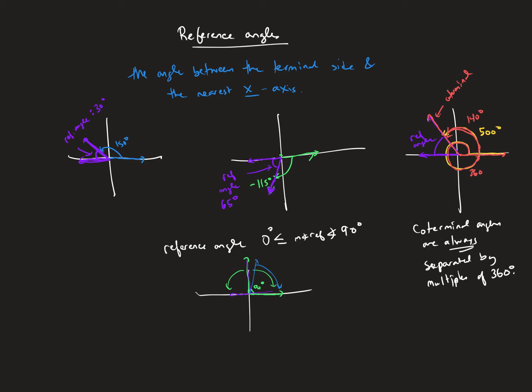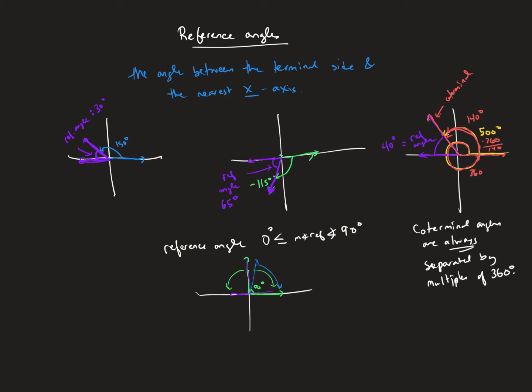So if you add 360 or add 720 or add 1080 or subtract 360 or subtract 720 or subtract 1080 from an angle measure, the angle you get is going to be coterminal. So now that I know this 140, I could have simply said 500 minus 360 gives me 140, and that will be a coterminal angle. Now I can look at the 140 along with the reference angle and know that the reference angle's measure in this case is 40 degrees, because the 140 and the 40 together make 180.